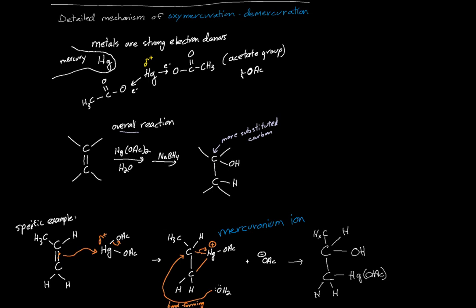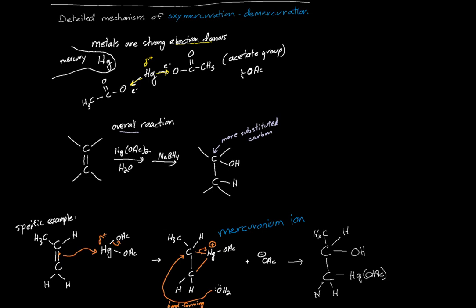We'll go into the detailed mechanism of oxymercuration, demercuration. This has its origin in the fact that metals in their normal sort of metal state are electron donors. So if you mix mercury with acetate units like you see here, these will form bonds in which the mercury sort of is more of the electron donor in the bond.